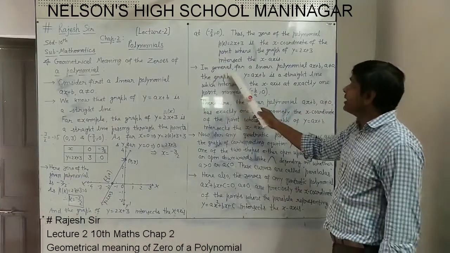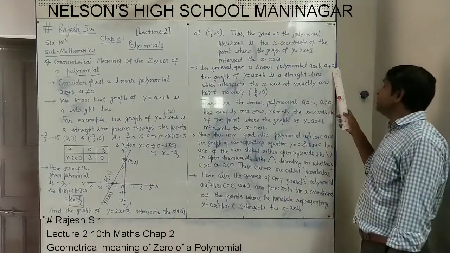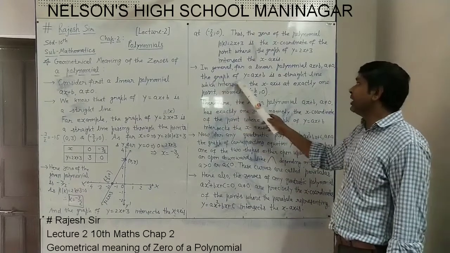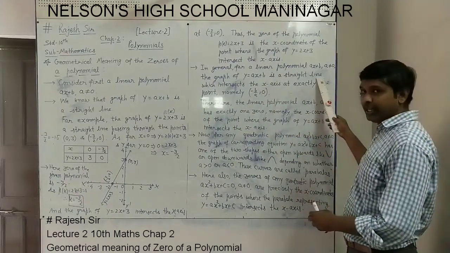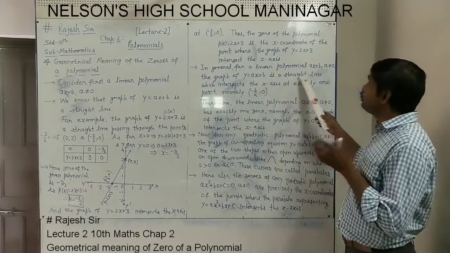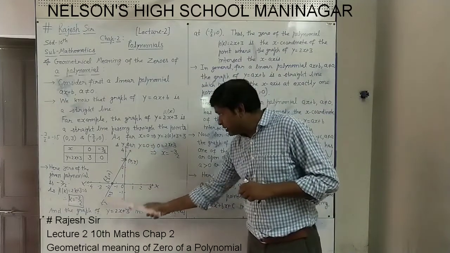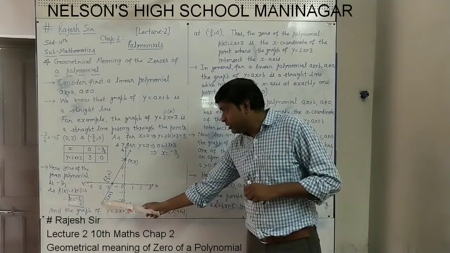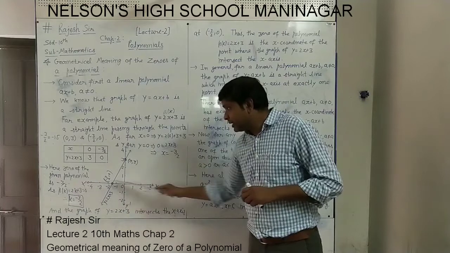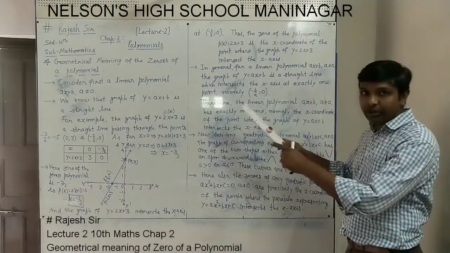So in general, for a linear polynomial ax plus b, where a is not equal to 0, the graph of y equal to ax plus b is always a straight line, which intersects the x-axis at exactly one point only.